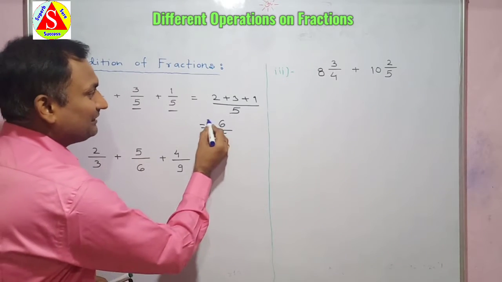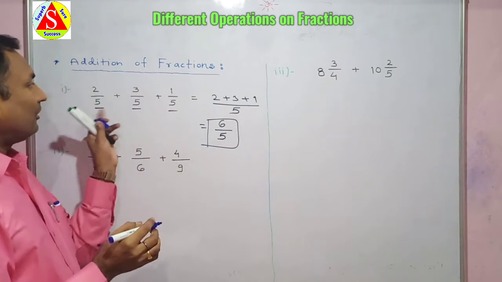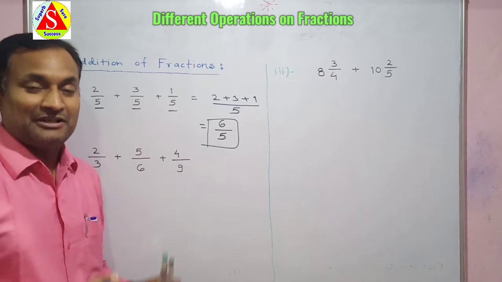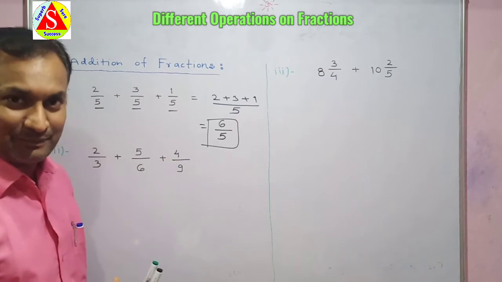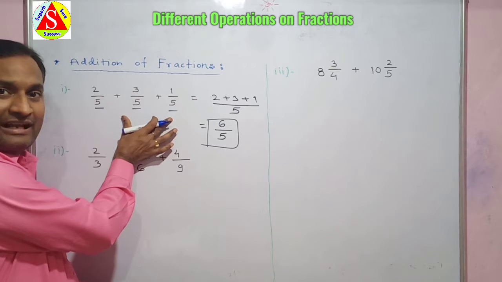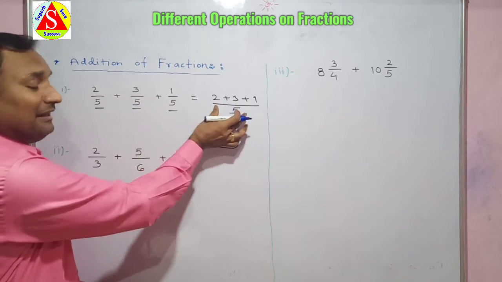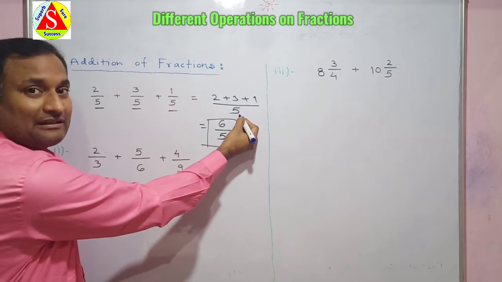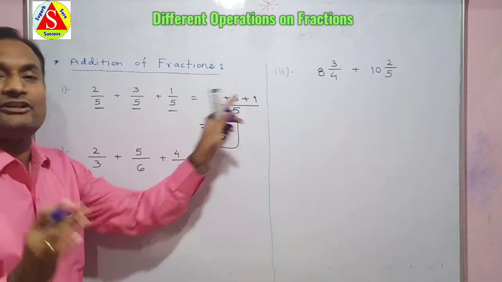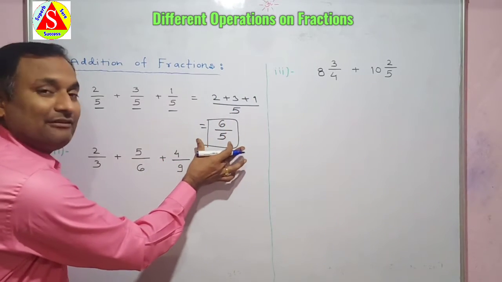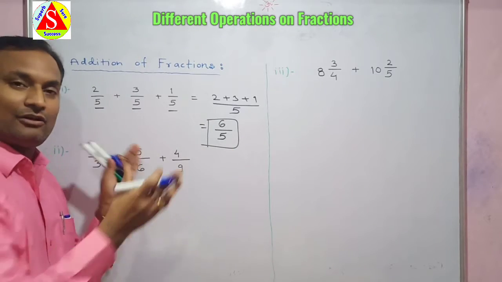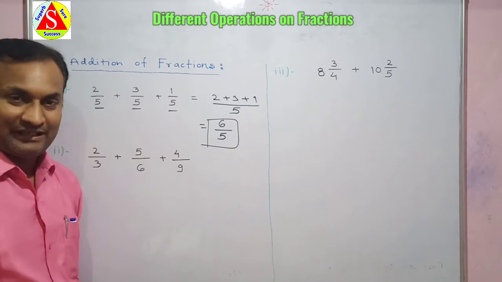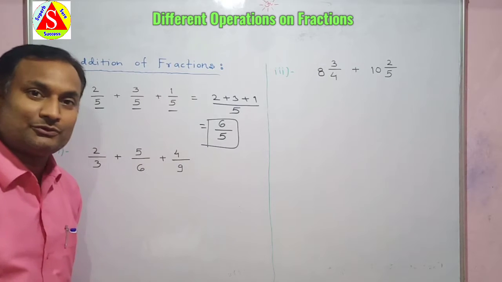So this is the addition of all 3 terms. Dear students, again I am explaining: when we have like fractions, in the simplification you write the same denominator and just add the numerators, then we have the final addition of the given question. I hope it is clear to you.